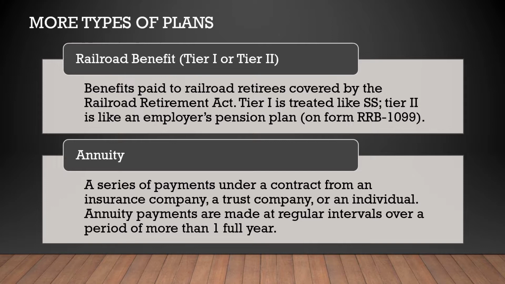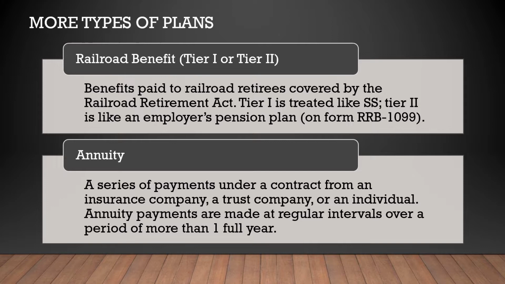Tier 2 is more like a pension plan from an employer, and so we would treat it that way. So that's reported not on a 1099-R, but it would be on a form RRB 1099-R, and that's usually a green form.